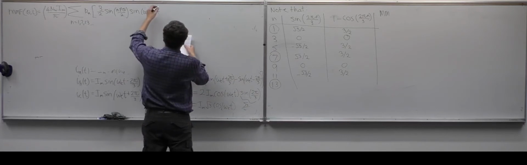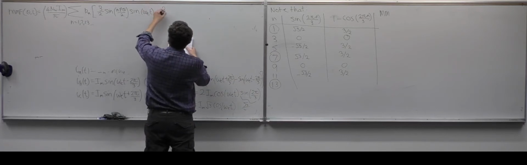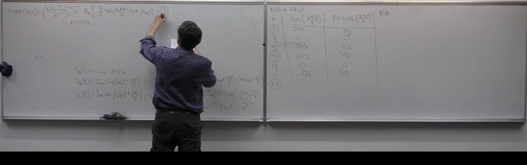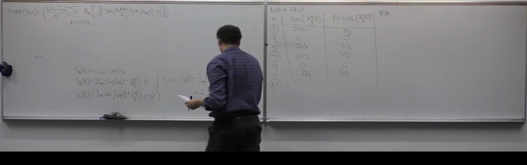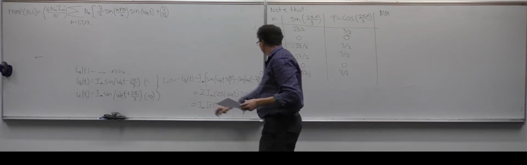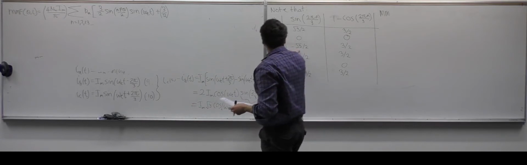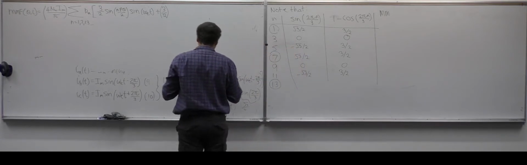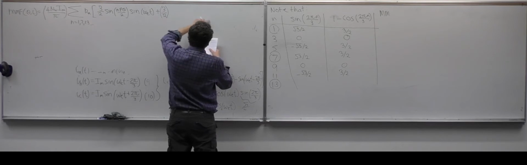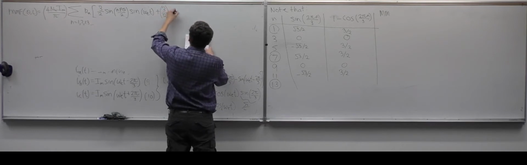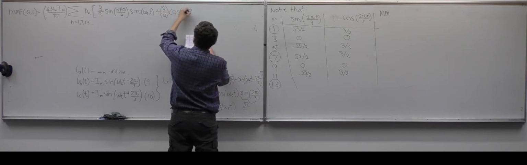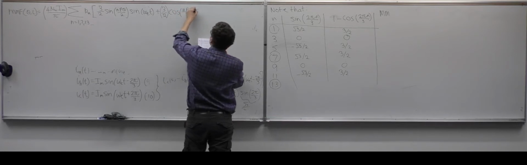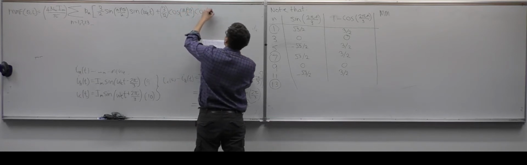So we'll have plus 3 over 2. Again, that's because there's a square root of 3 here and the square root of 3. So we get 3 times cosine np theta over 2 times cosine omega et.